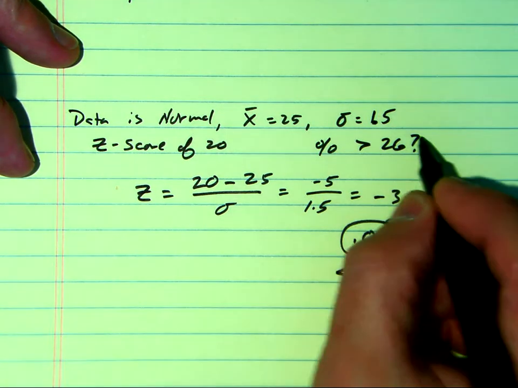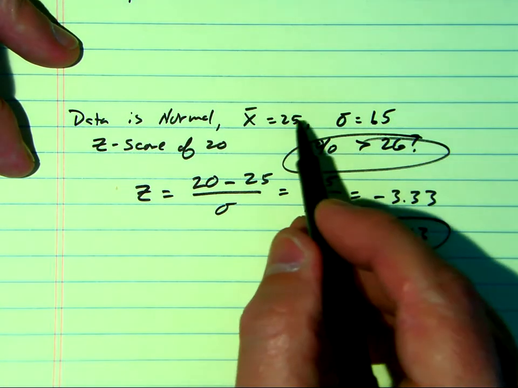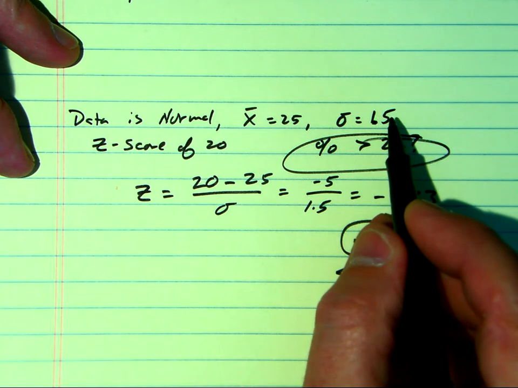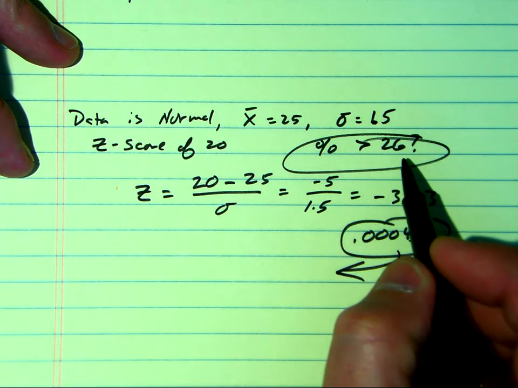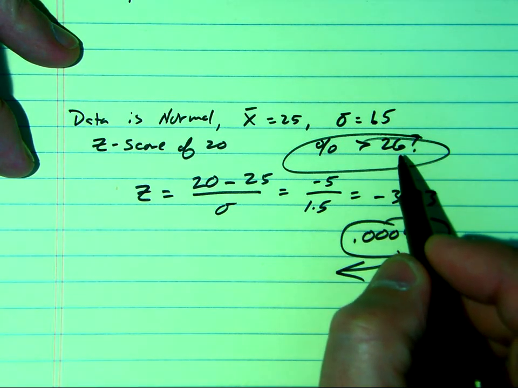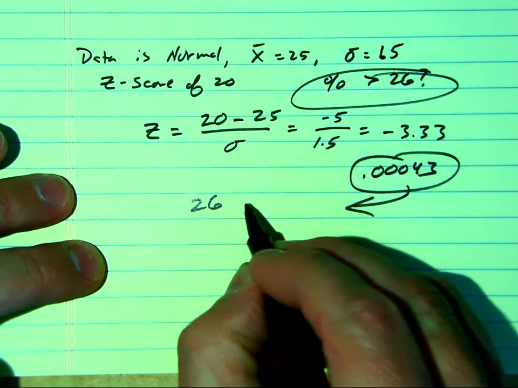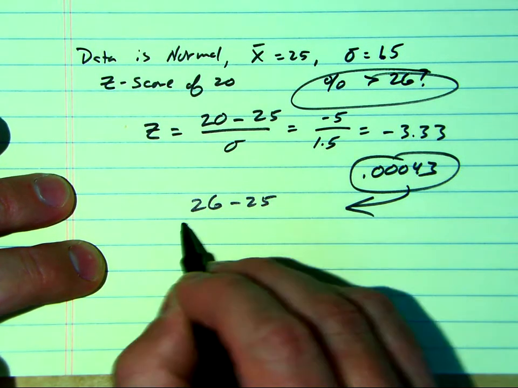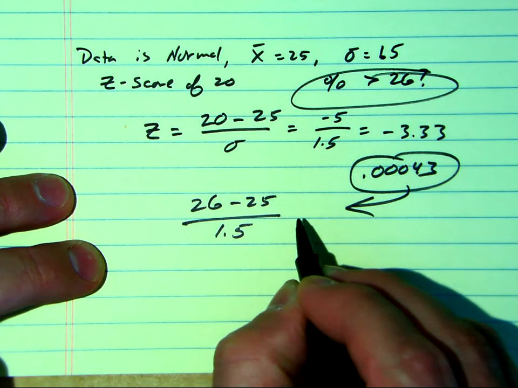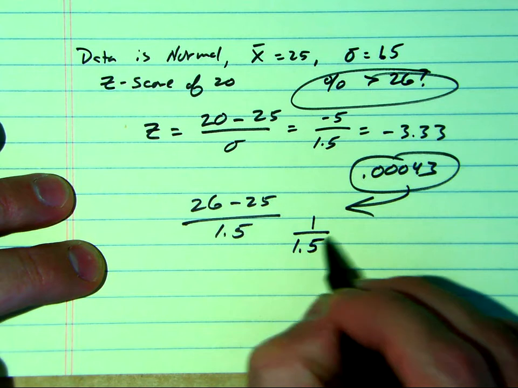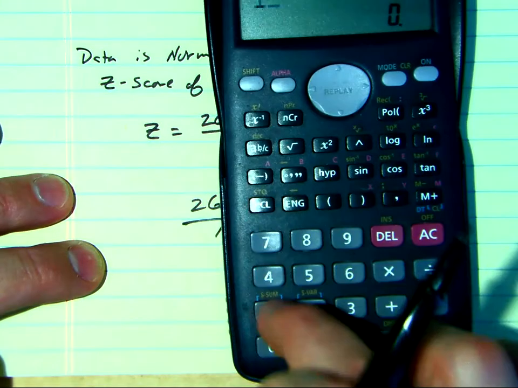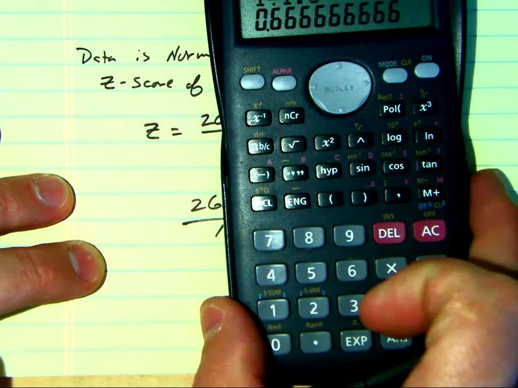Last question. What if this distribution has a mean of 25 and standard deviation of 1.5, what percent of scores were greater than 26? Well, we do the same thing: the data point minus the mean over the standard deviation. So this is 1 divided by 1.5, which should be 0.67.